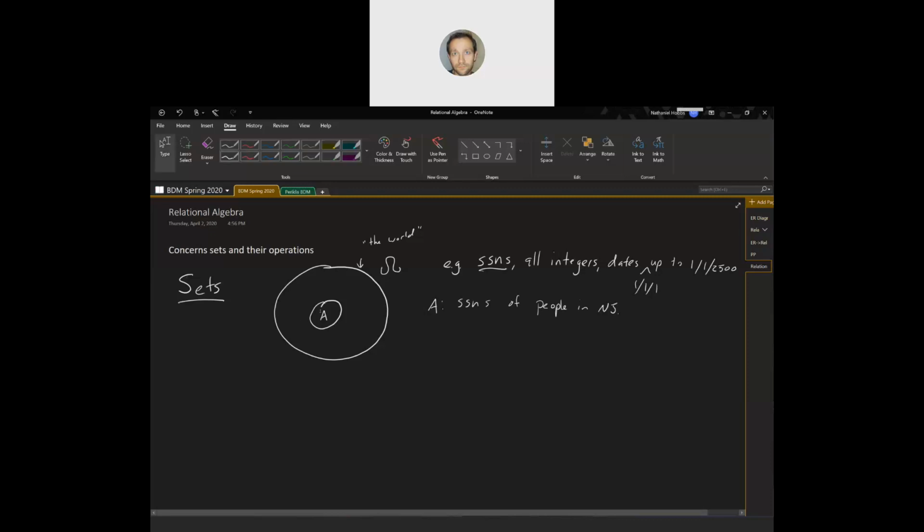So this is a subset. A is itself a set, but it is a set that is comprised of things of a larger set.